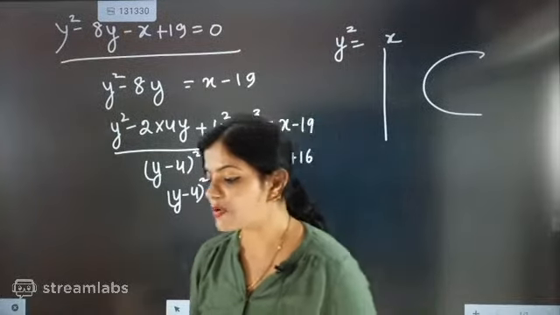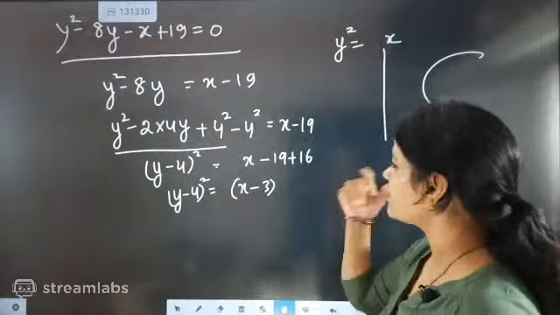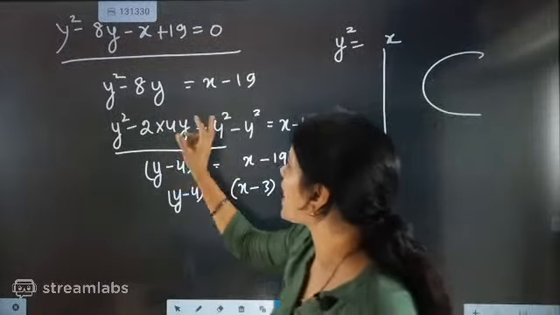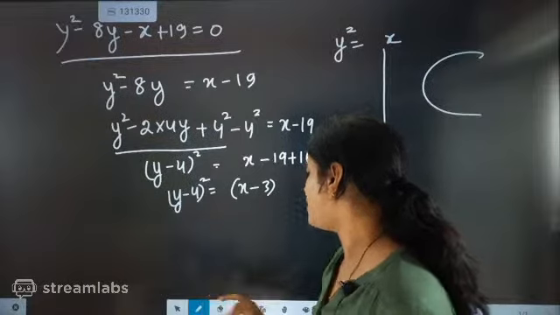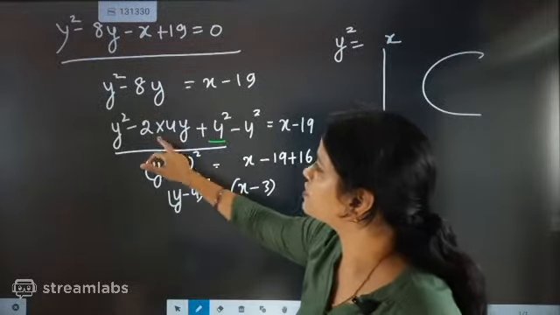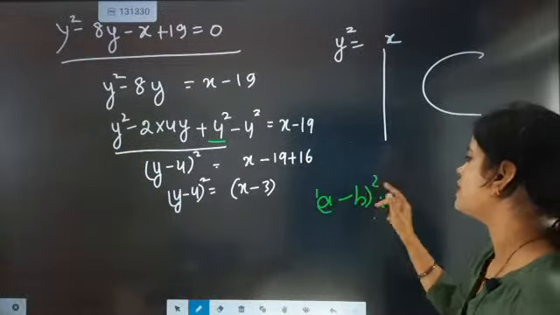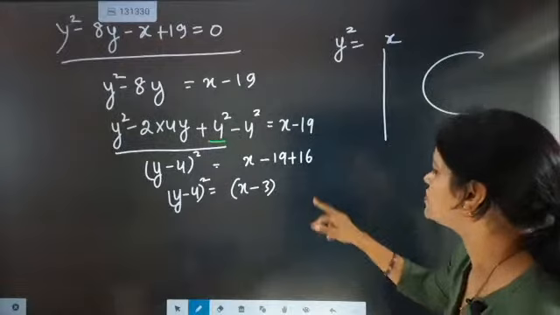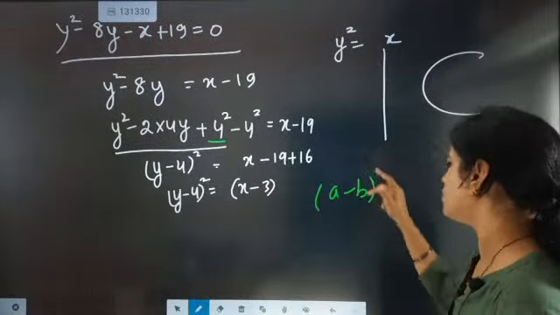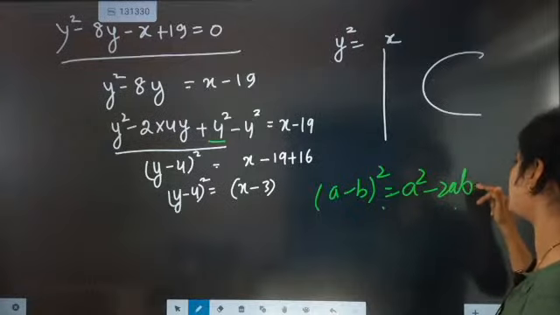Okay, Gautam, what exactly I have done in the last part is, I just added plus 4 square to make it a complete square. Because when you write a minus b whole square, it means a square minus 2ab plus b square.